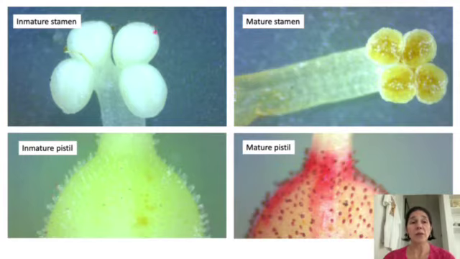Here is a stamen that has not released the pollen yet, and here is an anther that has already released the pollen. Below we see the pistil, an immature pistil that is green in color, and the trichomes are clear, in contrast with a mature pistil that has red coloration.